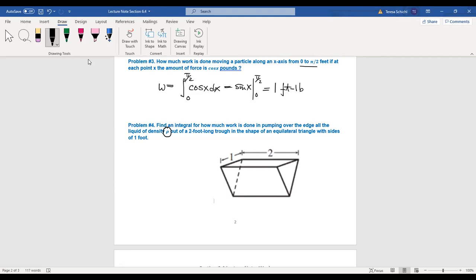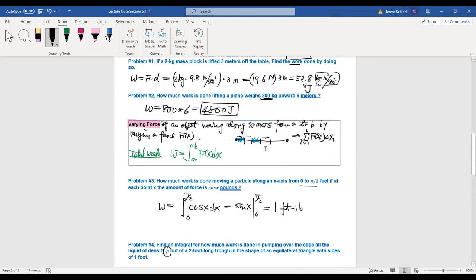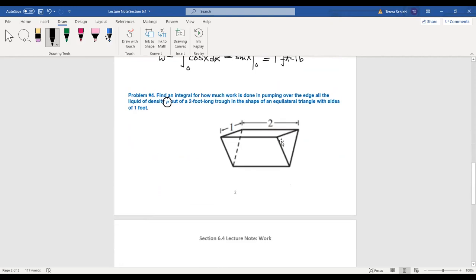Basically, just like with varying forces here, you divide it into sub-intervals, right? So the work done to pump a thin slice.